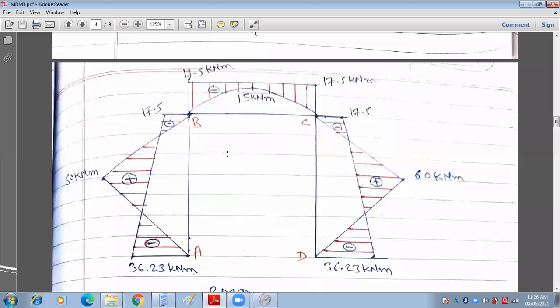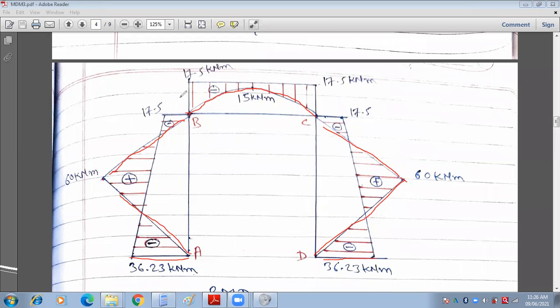Now if you see here, very first of all, for the member AB, this one is the central span moment 60. For the CD also, this one is 60. And UDL, therefore it is a parabolic curve, 15. And over this, we have to make the overlap of the fixed end moment. For the support A and support D, the value is the same, 36.23.